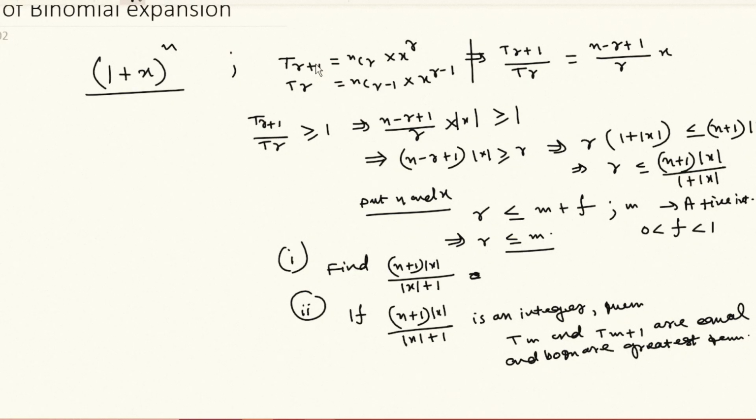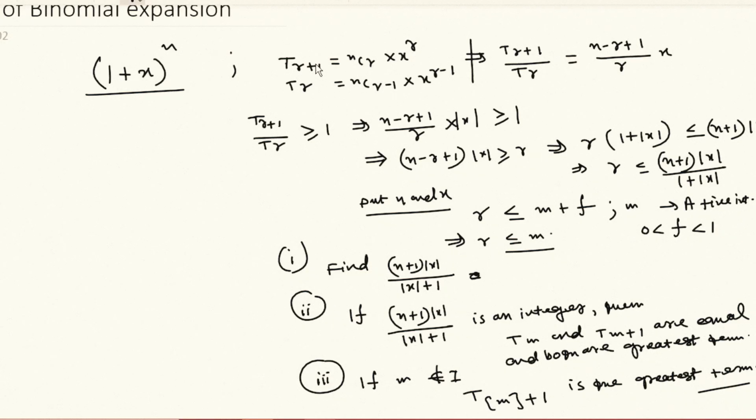And suppose this is not an integer. If m doesn't belong to the set of integers, then T of [m] plus 1 is the greatest term.